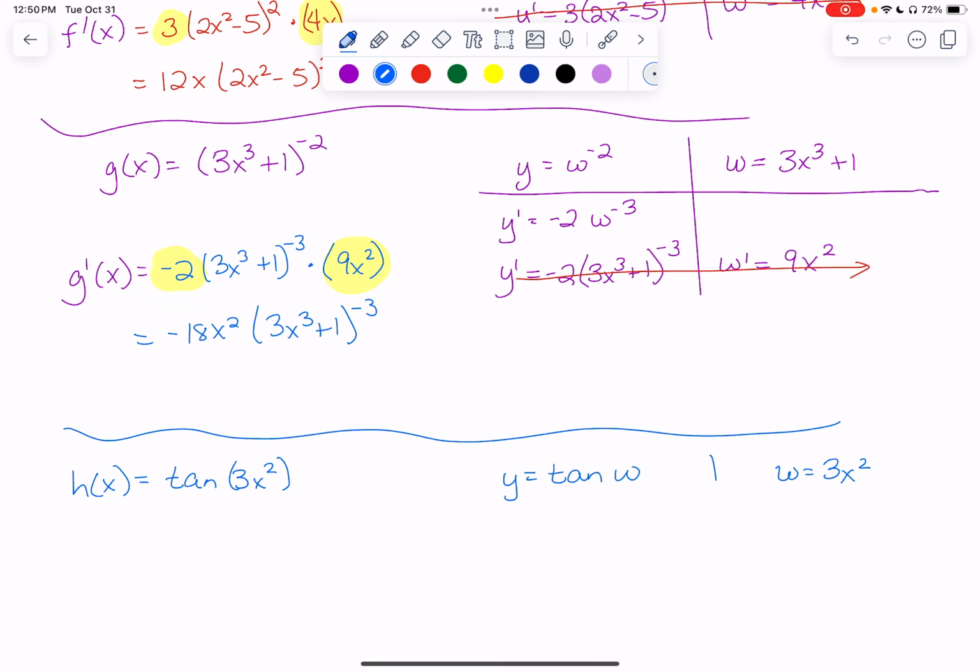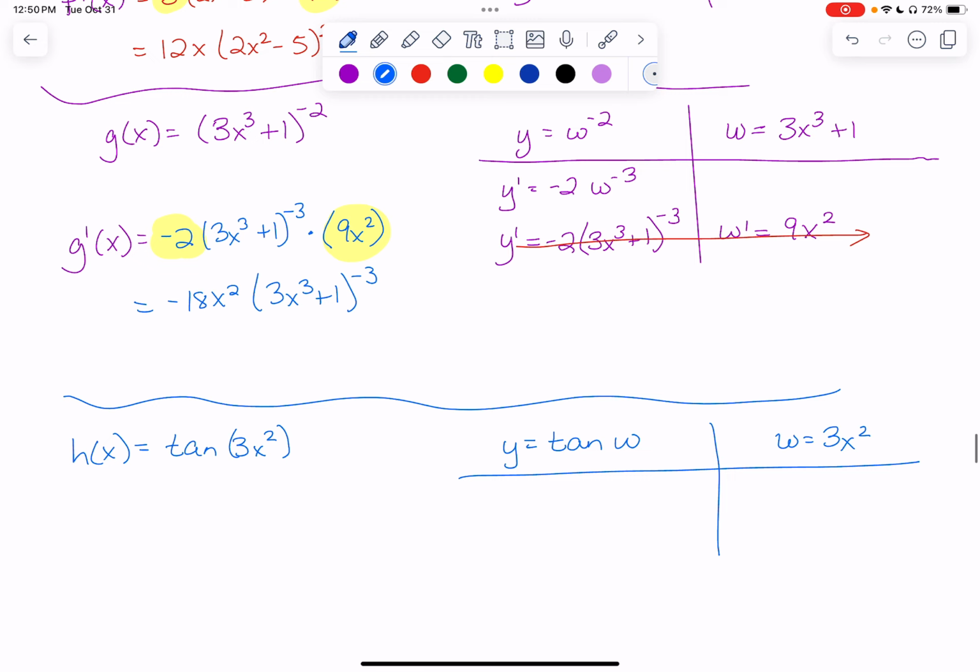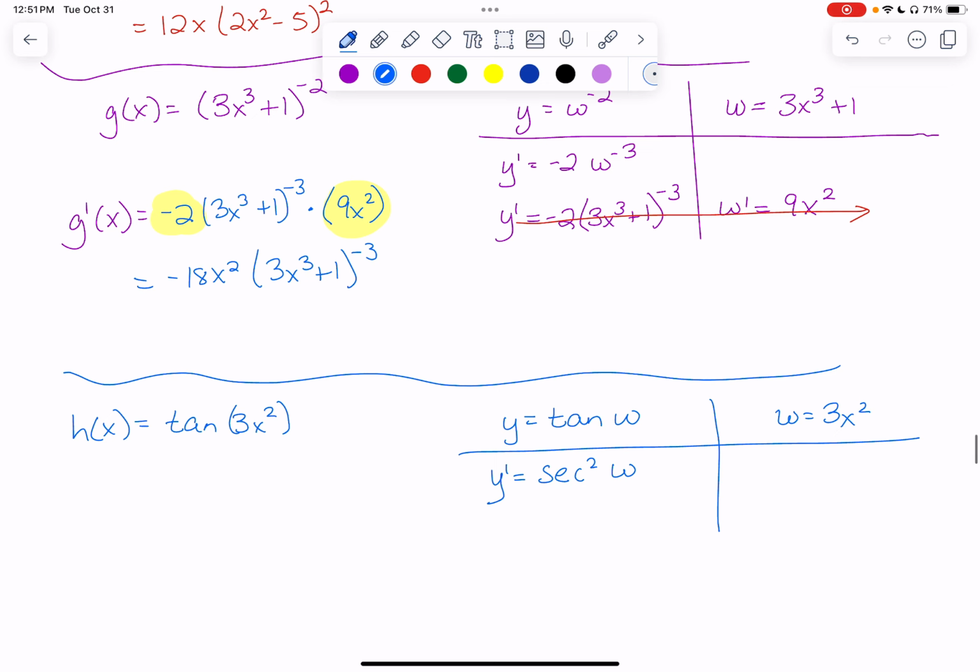That's the last thing I do when I evaluate that function at some value, say x or pi or whatever. So I'm going to look at my derivative of y. Remember the derivative of tangent is secant squared w. So here, subbing back in for my w, because I don't want to carry around that w, my derivative of y is secant squared of 3x squared.